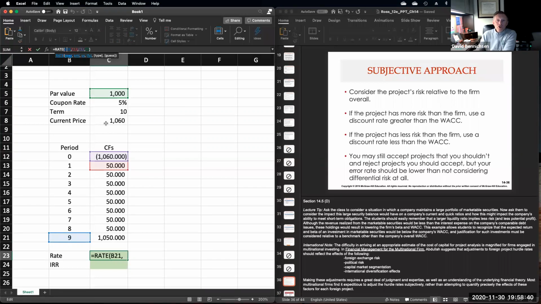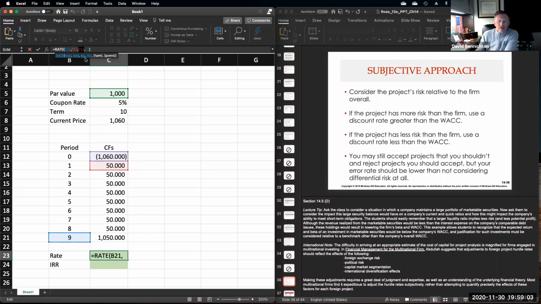The initial term was 10 years. The payment that we're going to receive is equal to the coupon that we get every period. So this is an annually compounded bond, obviously, since we only have 9 periods. So we get $50 every year.